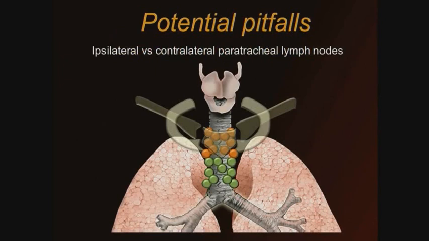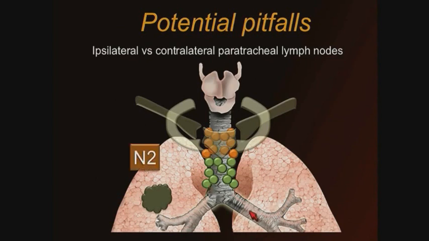So along these lines, one of the most important modifications of the last staging nodal map was the definition of a new anatomic boundary for defining right versus left when we're addressing paratracheal lymph nodes. And again, this is an example. So we have the superior and inferior paratracheal lymph nodes in this illustration.